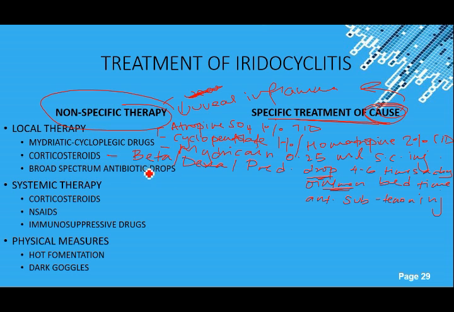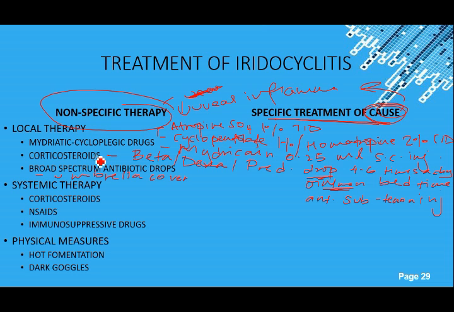Then you can give broad spectrum antibiotics. Now these antibiotics have got no use in uveitis. They do not decrease uveal inflammation, rather they are just for umbrella cover, because you're giving steroids. So just in case. Why? Because when you give corticosteroid, body's immunity decreases, prone to infection.